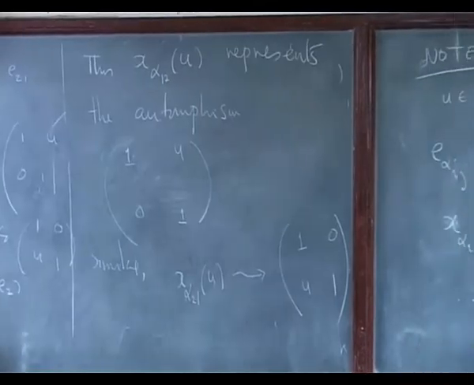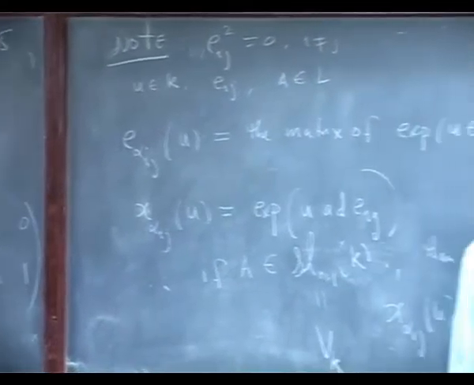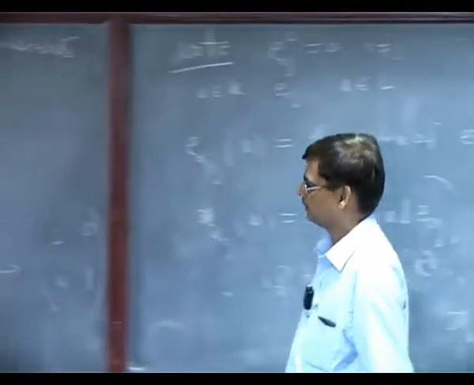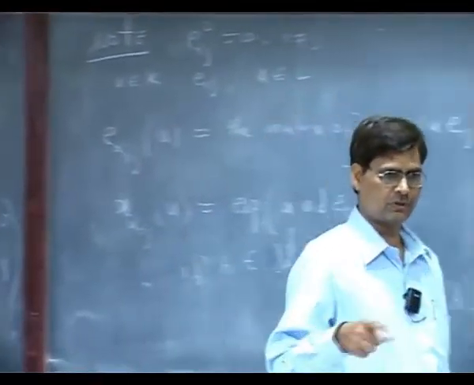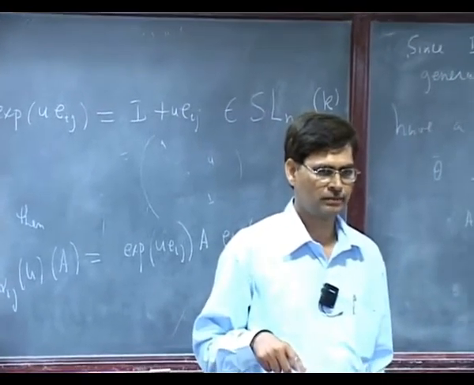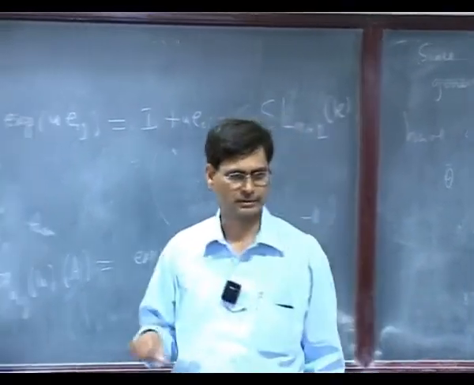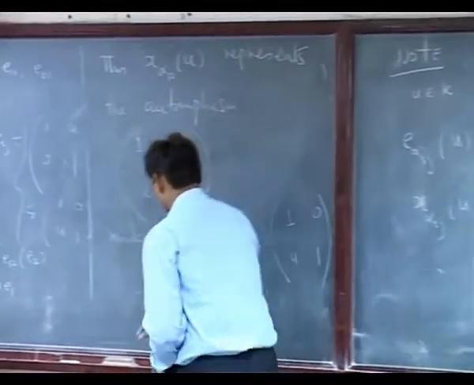So, therefore, in this case the Chevalley group is precisely generated by the EIJ matrices, where E12 has 1 in the first row and second column and all others 0. So, what is the Chevalley group in this case?